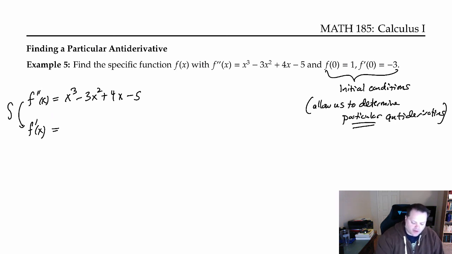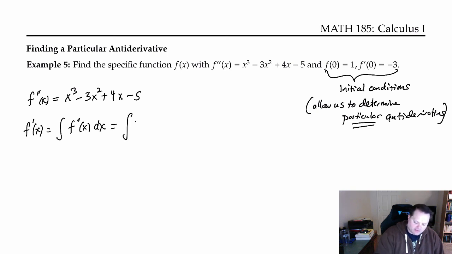Well, let me go ahead and write the notation. So the first derivative would be the antiderivative of the second derivative, because the antiderivative knocks off one of the derivative operations here. So I'm taking the antiderivative of this function.